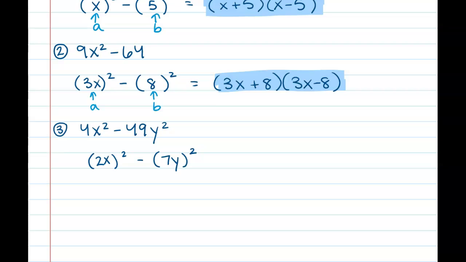Again, because 2 squared equals 4, x squared is x squared, 7 squared is 49, y squared is y squared. Okay? So then we can rewrite this because here is our a, that's 2x. Here is our b, that's our 7y. So we can rewrite this as 2x plus 7y times 2x minus 7y.